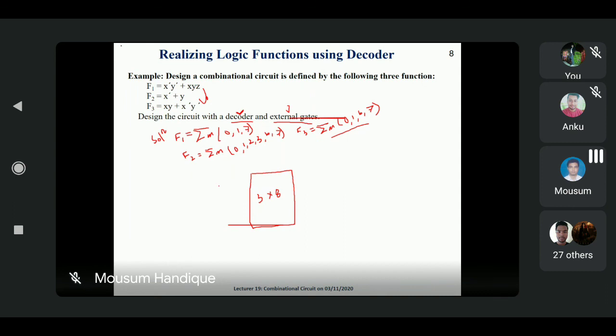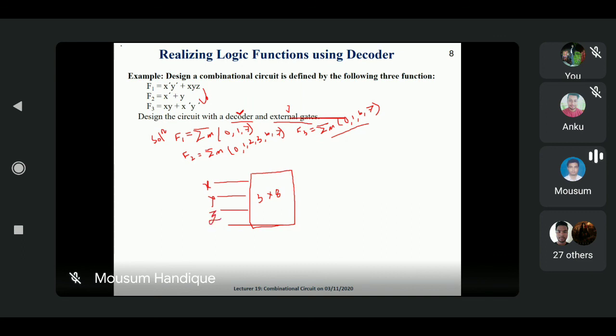So 3 into 8. So what happened here? Suppose the function is mentioning XYZ, so here I am using XYZ. And how many outputs are there?